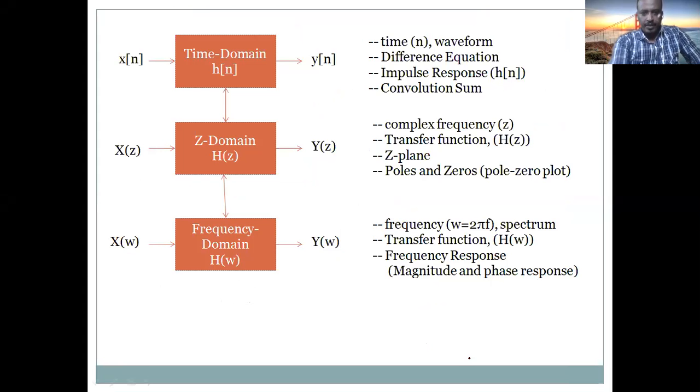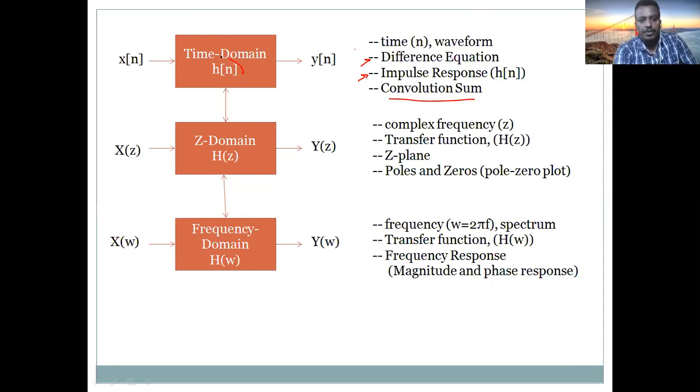Okay, so we have seen difference equation, we have seen impulse response. Next is what? Convolution sum. What does convolution sum mean?